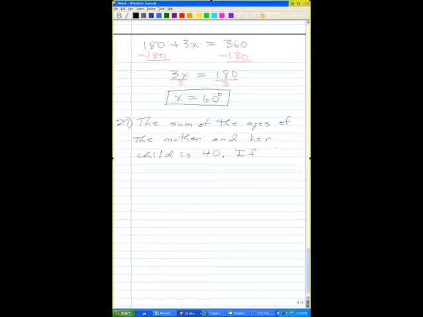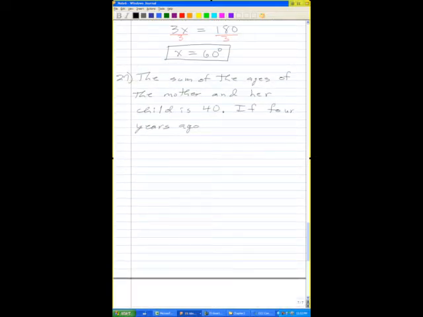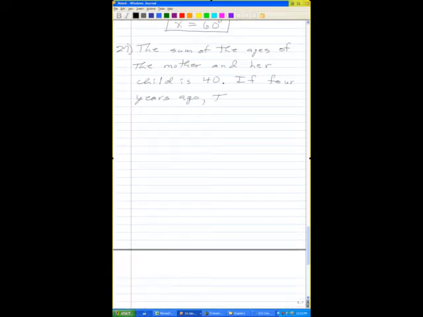If 4 years ago the mother's age was 7 times the child's age, how old are they now?